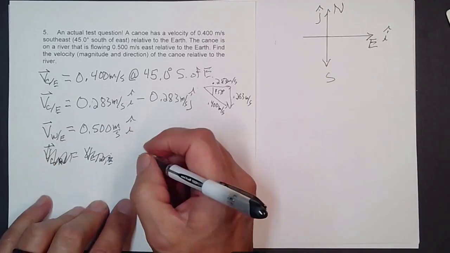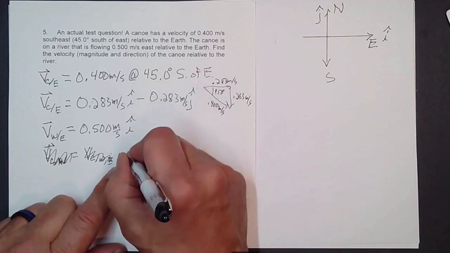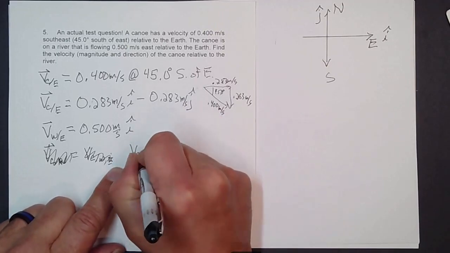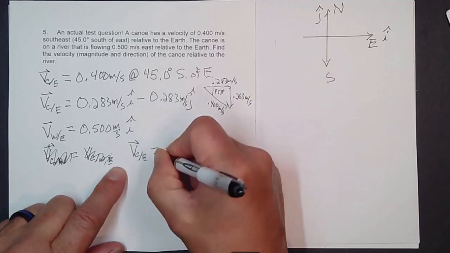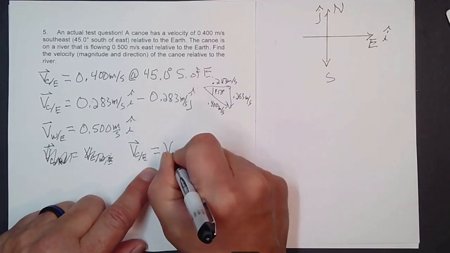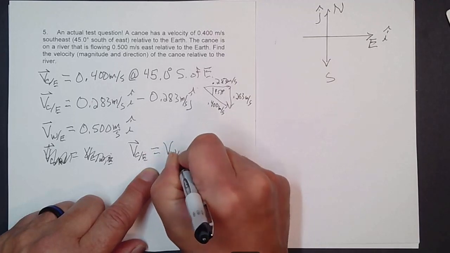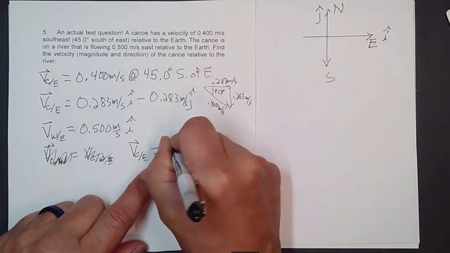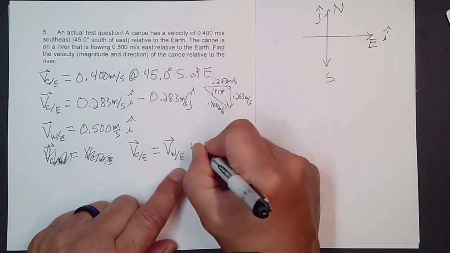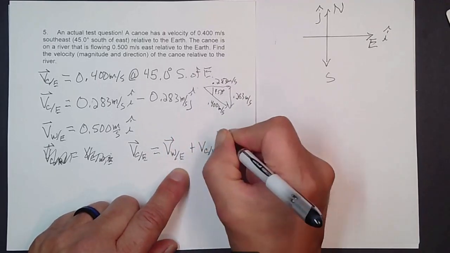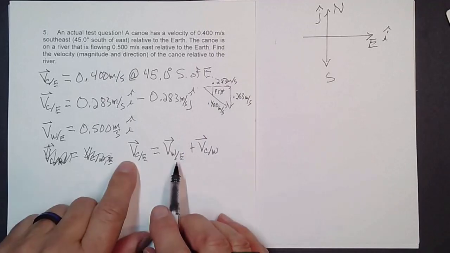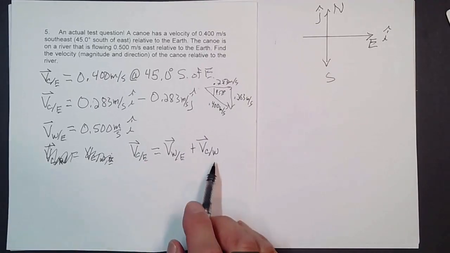I'm going to write the vector equation here: the velocity of the canoe relative to the earth is equal to the velocity of the water relative to the earth plus the velocity of the canoe relative to the water. I know this, and it's this that I want to know.